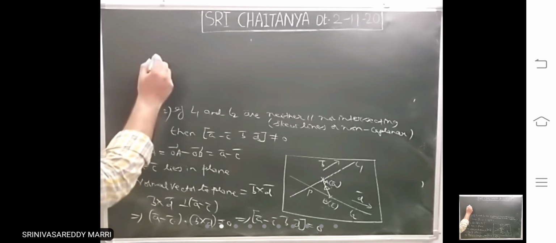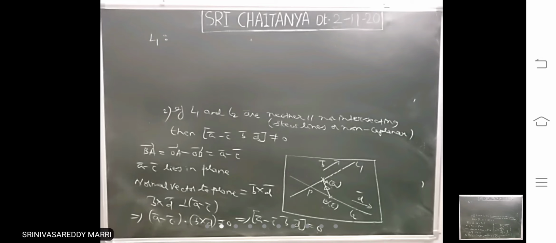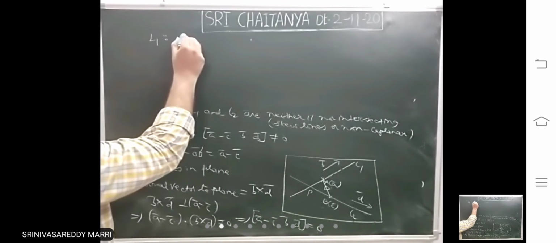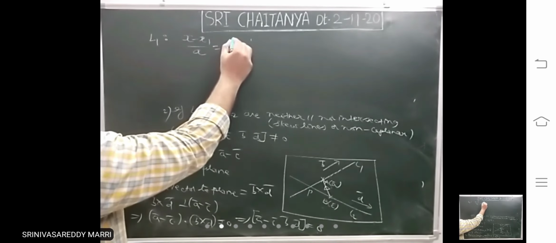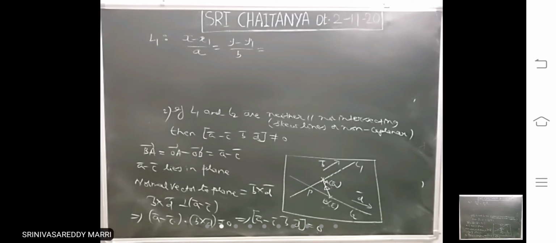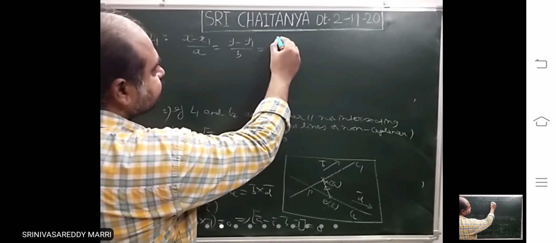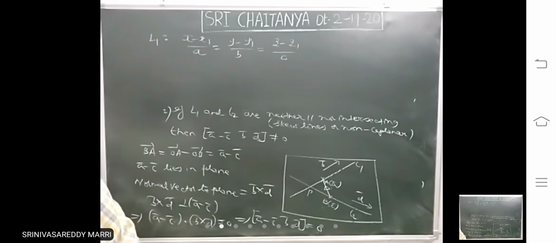Cartesian form means, suppose line 1 is like this. Y minus y1 by b, z minus z1 by c.